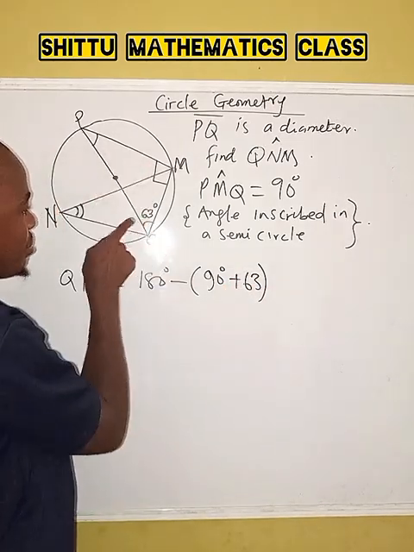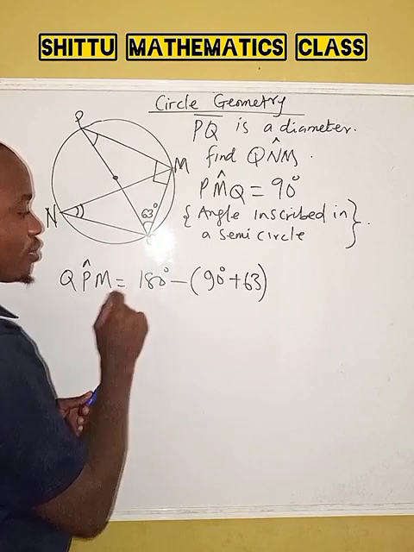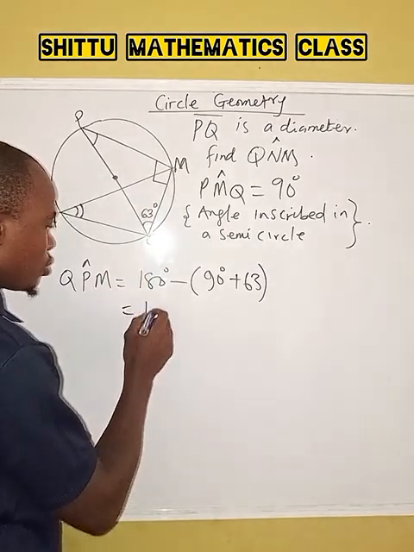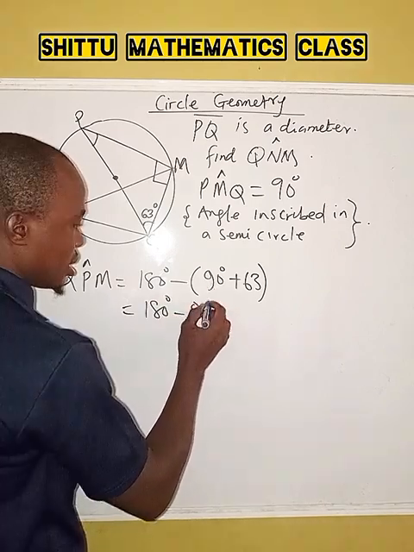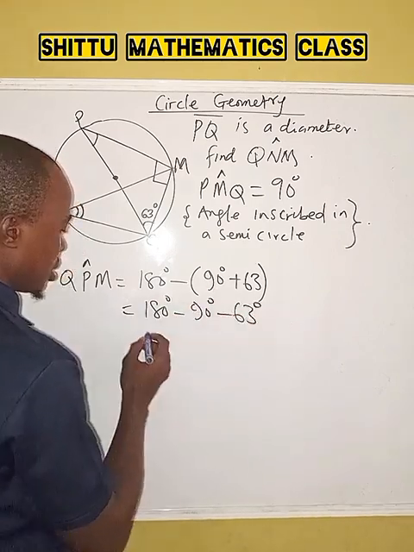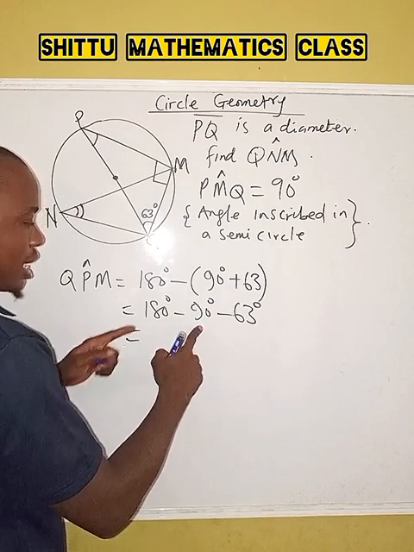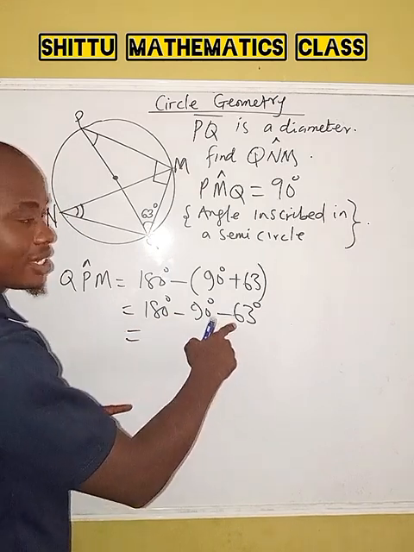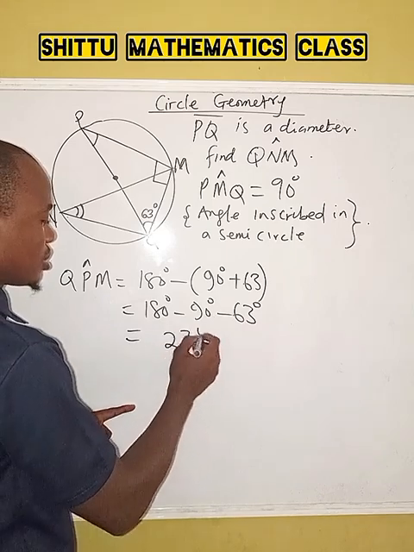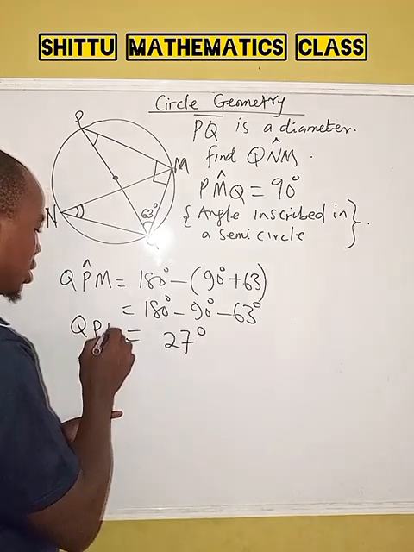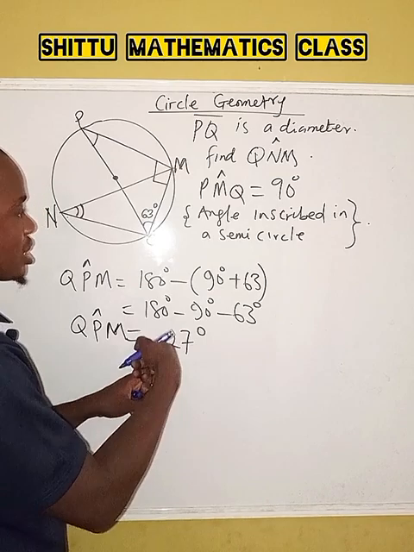So I add these two together and remove it from 180. So 180 minus 90 minus 63. 180 minus 90 gives us 90, then minus 63 gives us 27 degrees. So we have QPM to be 27 degrees.